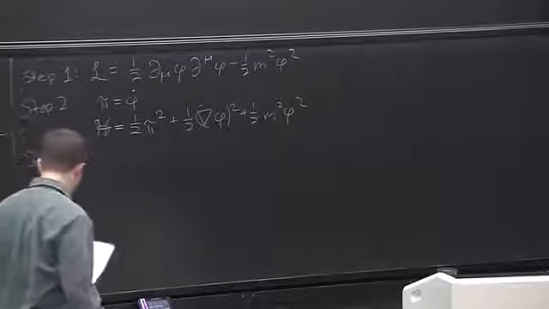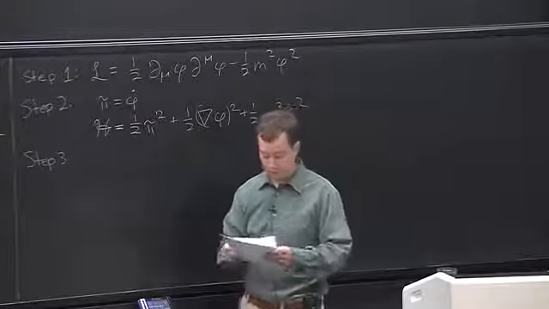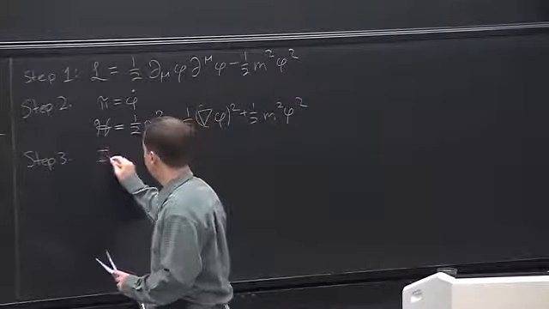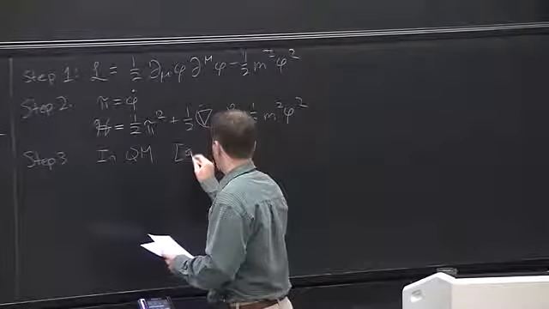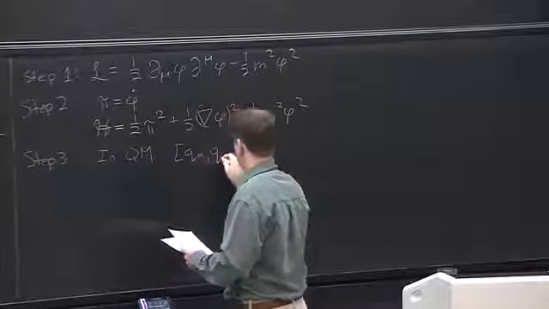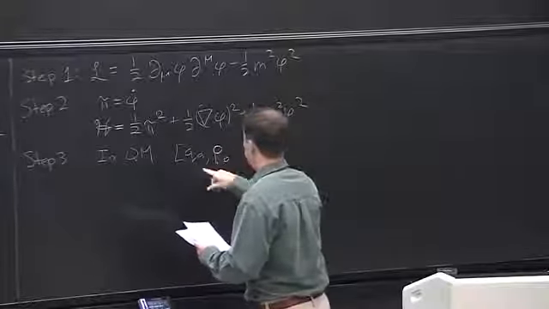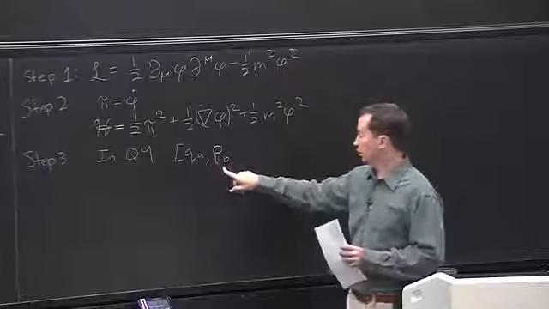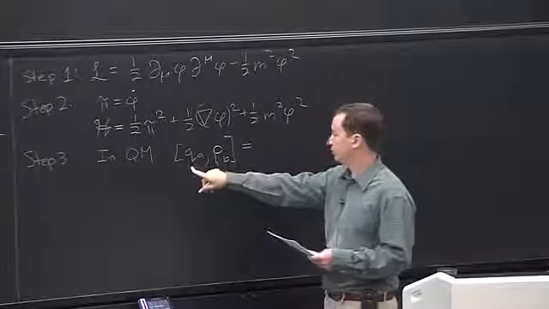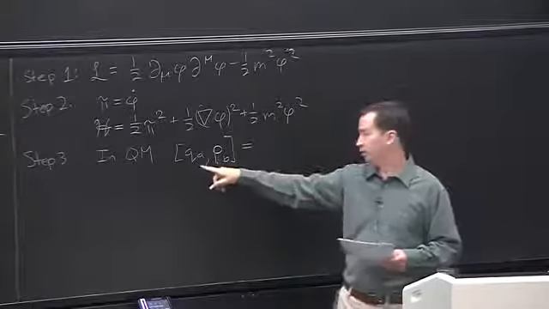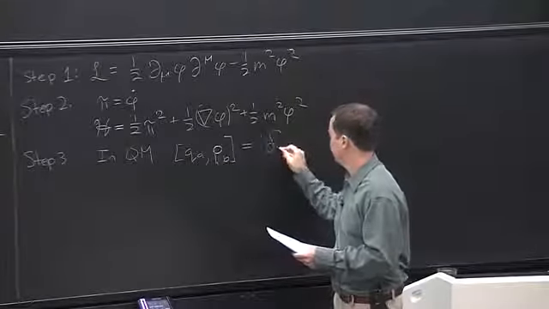Step three. This is where we'll impose commutation relations. In quantum mechanics, what you would want to do is, for each of your generalized coordinates and conjugate momenta, impose a commutation relation: q_a with p_b, supposing we've got many of them, should be i delta_ab.